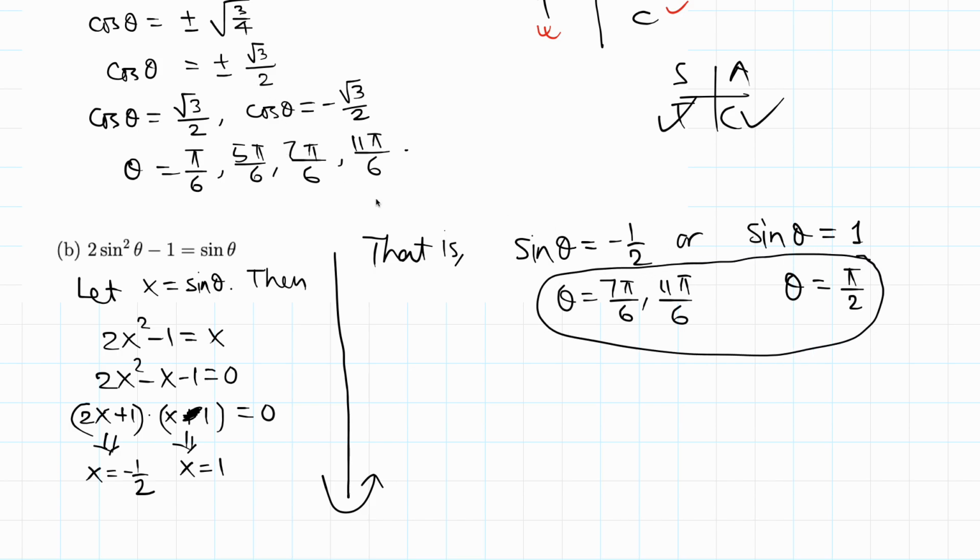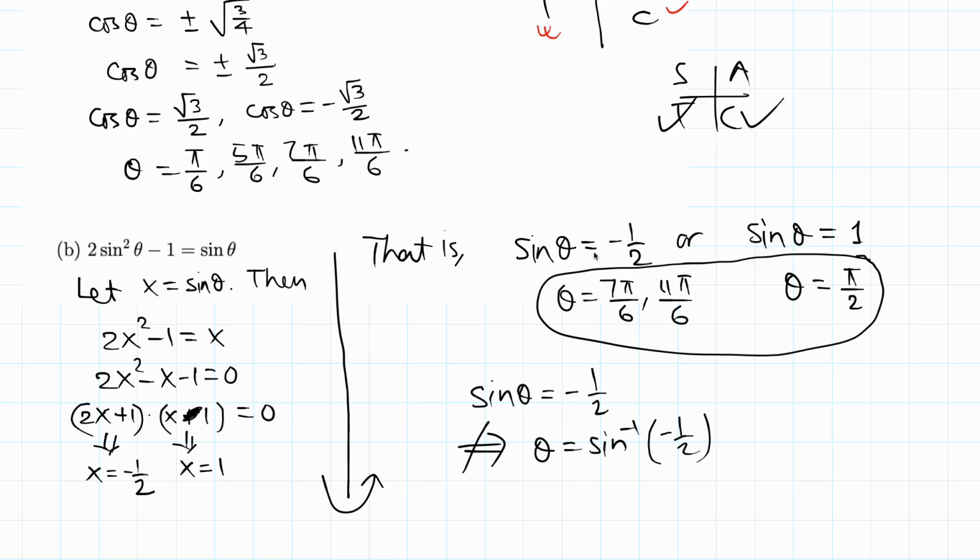And one warning: when you have sine theta equals negative 1/2, that does not mean theta equals sine inverse of negative 1/2. That's not true. Sine inverse will give us a unique answer, only one answer. Here we got two answers because we had the restriction; we are just looking at 0 to 2 pi.